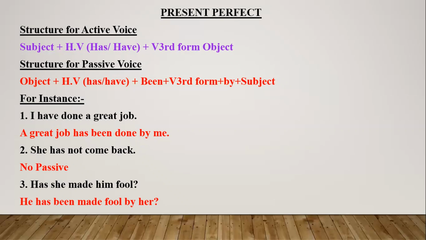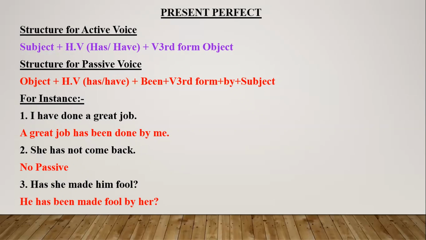So she is your subject, has is your helping verb, come back is your verb, but there isn't any object. Whenever a sentence has no object, we cannot make a passive, because we need an object to make a passive. So that's why there is no passive of sentence number two.